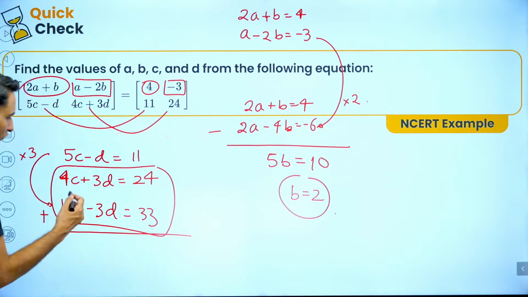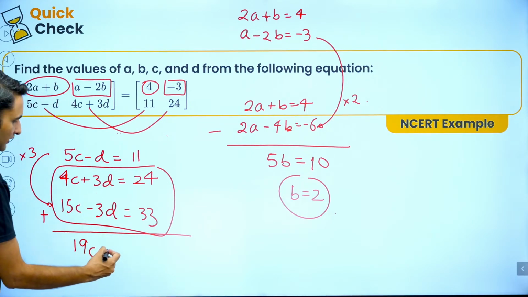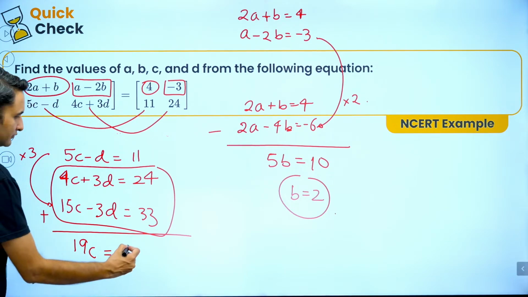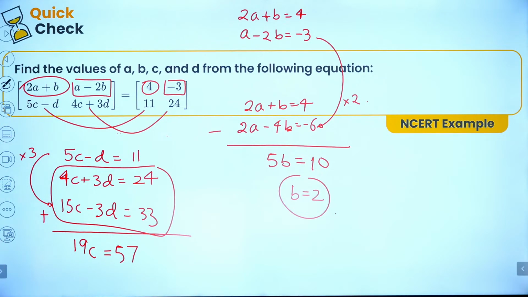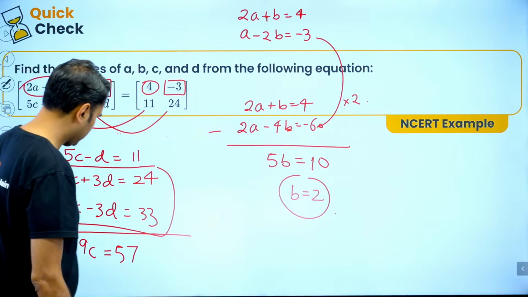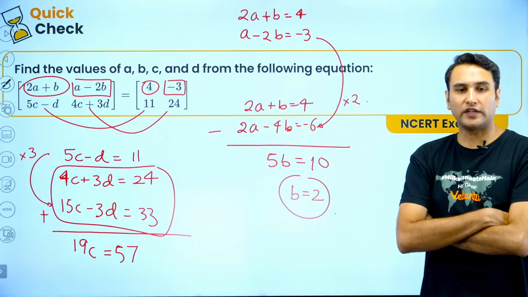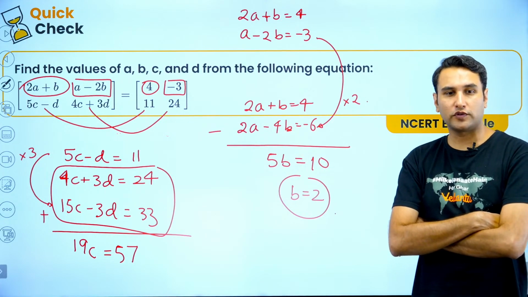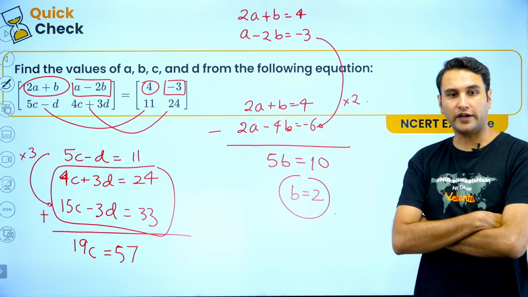So what will this be? This will be 19c if I am not wrong. Cancels out, right? Is this correct? C will be equal to, is this clear? Or you can check the calculations if I have done any mistake here, but you got the point, right? Two equations, two variables, solve. Alright?